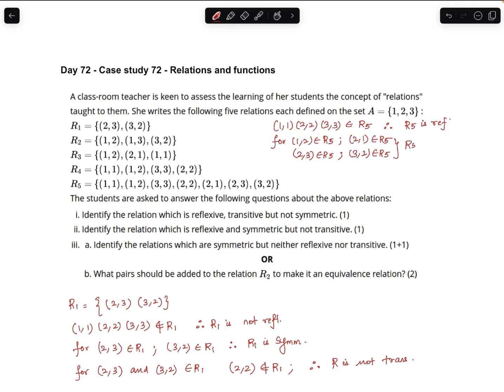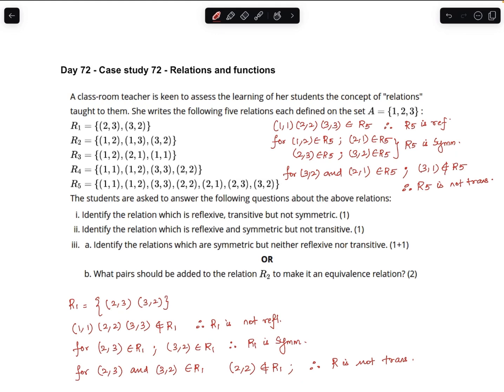Therefore, R5 is symmetric. For 3, 2 and 2, 1 in R5, there is no 3, 1 in R5. Therefore, R5 is not transitive.